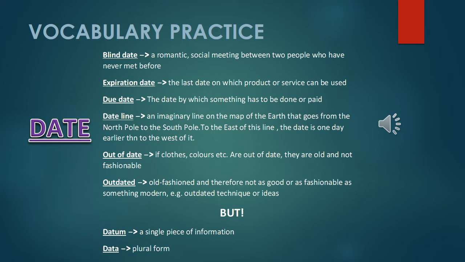Out of date refers to clothes or colors which are old and not fashionable. I'm sure that you are all negative about out-of-date clothes, which means that you prefer fancy outfits.